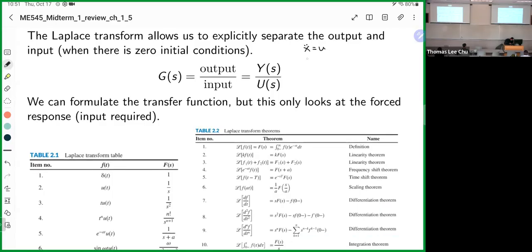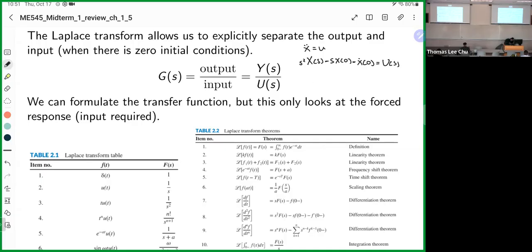In the case of, let's say, x double dot is equal to u, we take the Laplace transform of it, and this time we do have initial conditions. We get s squared X of s minus s times the non-derivative, x at time 0, minus the derivative at time 0, is equal to u of s.